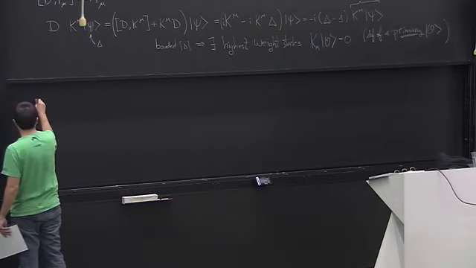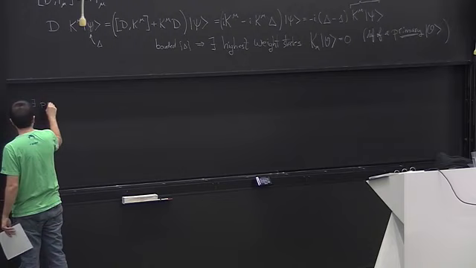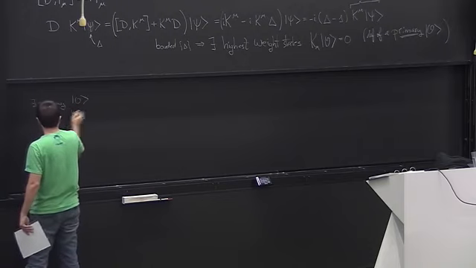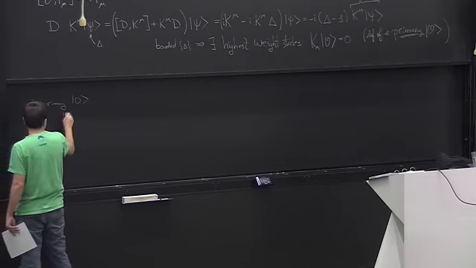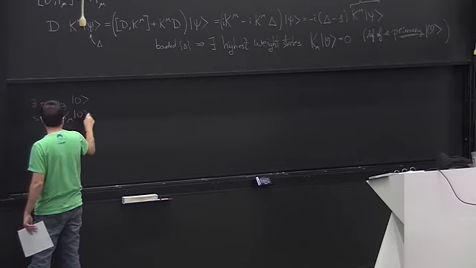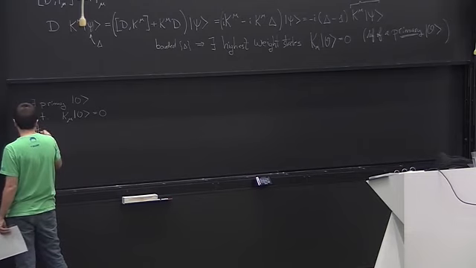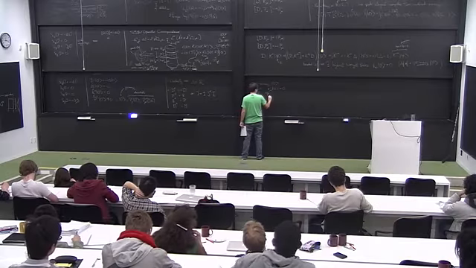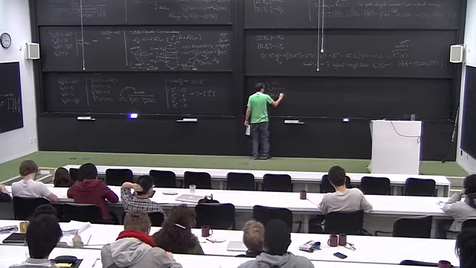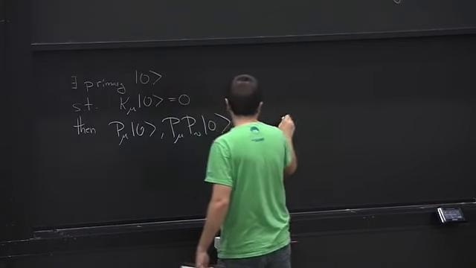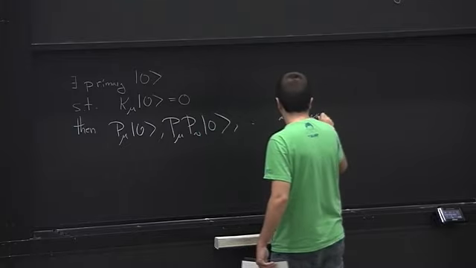Okay, so we have a primary such that it's annihilated by any special conformal transformation. And then P mu O, P mu P nu O, etc. are called descendants.